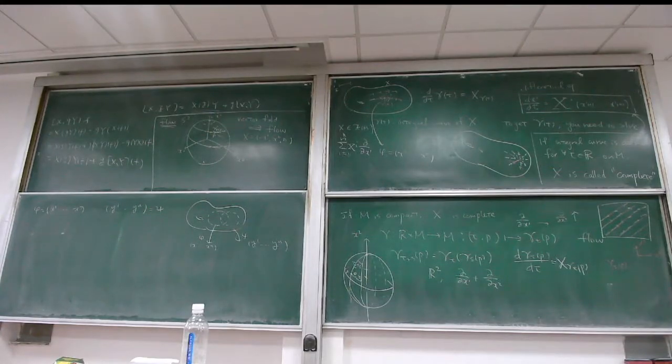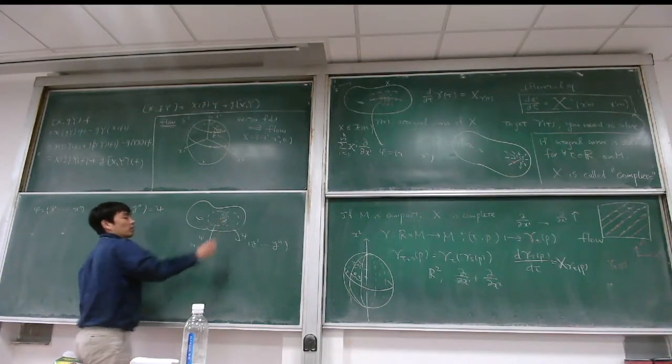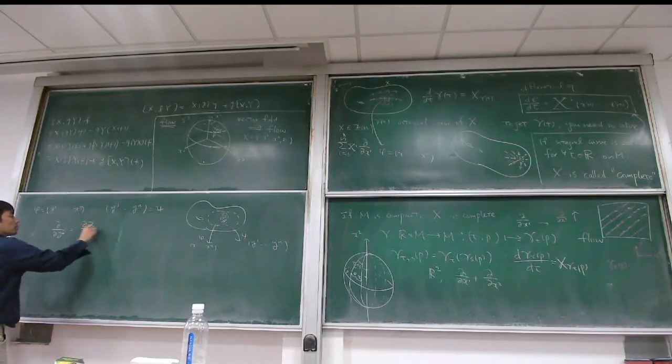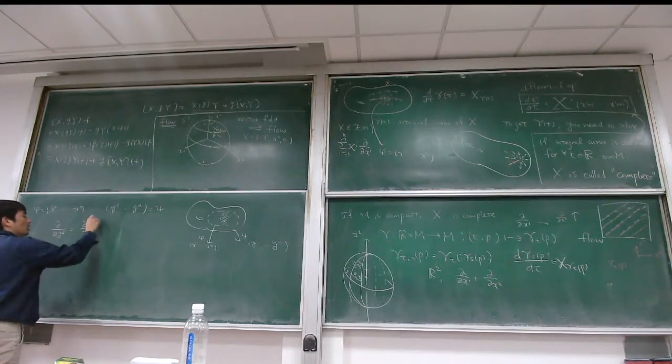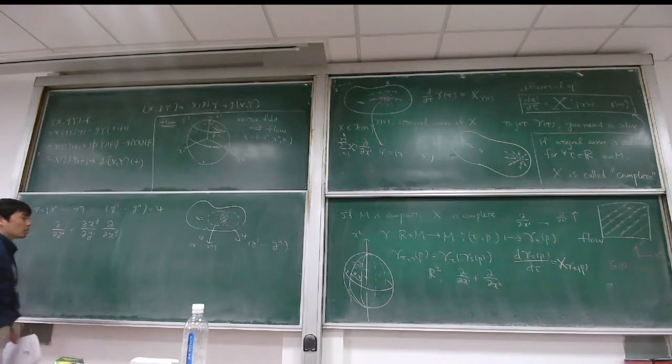So then we know that at the intersection of two charts, you have a coordinate transformation. For instance, y_i is equal to phi of x, y_i as a function of x_j.